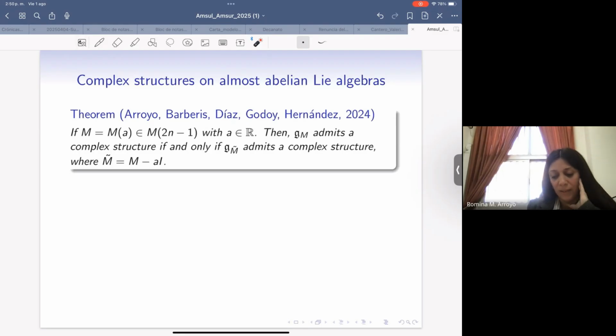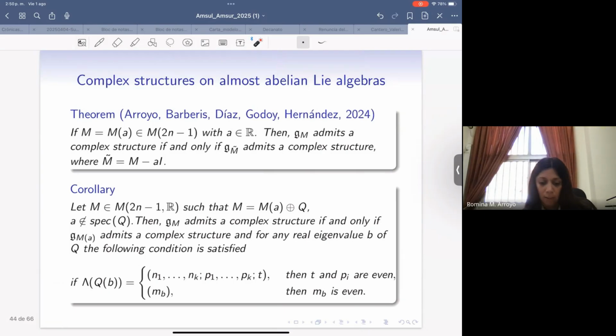We could prove that G_M admits a complex structure if and only if this matrix, which is nilpotent because we are subtracting all the eigenvalues A, admits the complex structure. So if all the eigenvalues are the same, G_M will admit the complex structure if and only if the nilpotent part admits the complex structure.